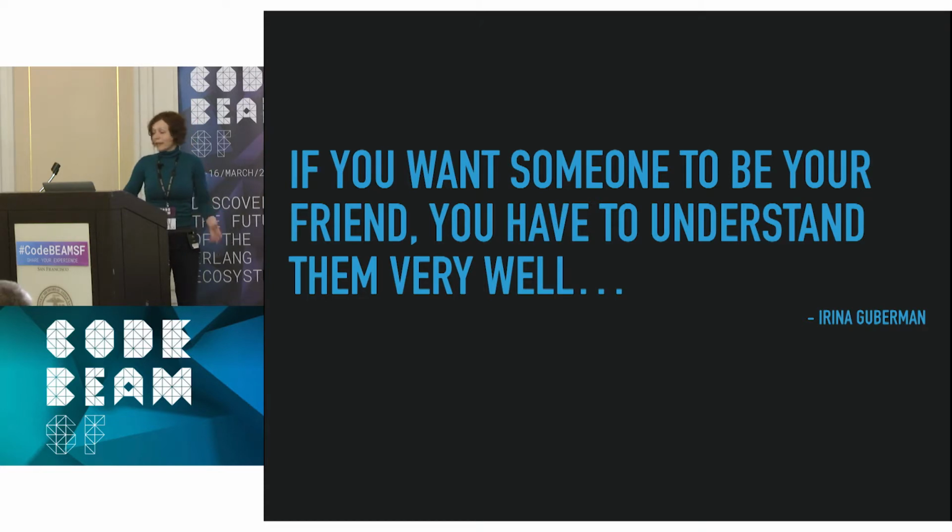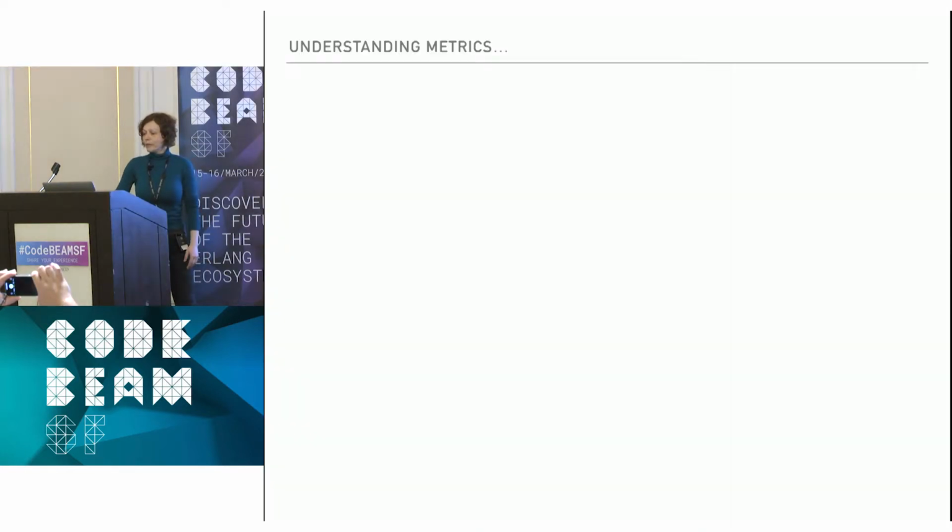So what we are going to do during this talk is try to understand the kind of problems, if you're creating a metrics library, what kind of things you have to be looking at. So you'll be trying to understand metrics.